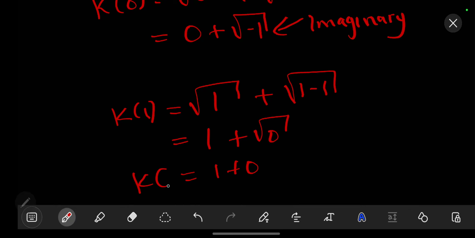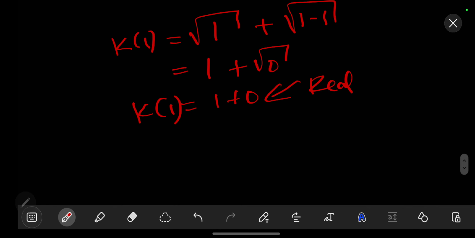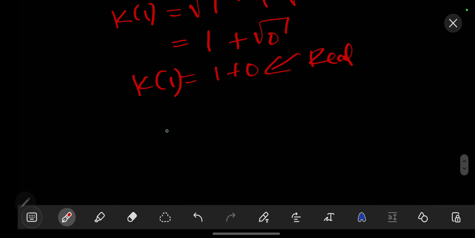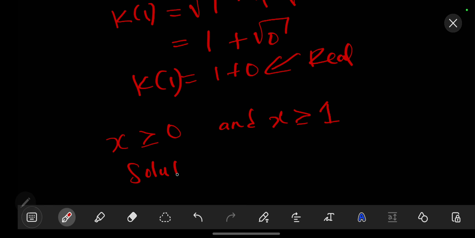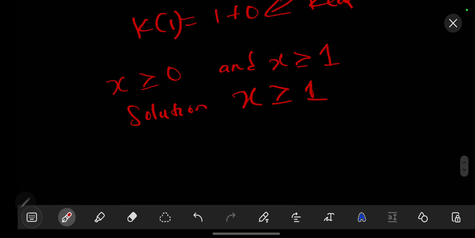Now you see that as long as it's giving you an answer that is real, that is your solution. So therefore, we had x is greater than or equal to 0, and we also had x is greater than or equal to 1. So our solution that we are going to take is x is greater than or equal to 1, because it is the one that is satisfying both conditions.